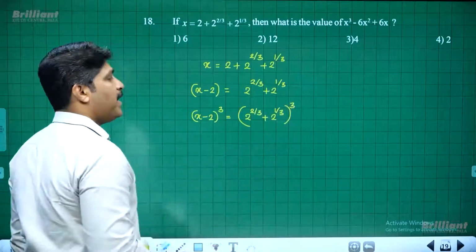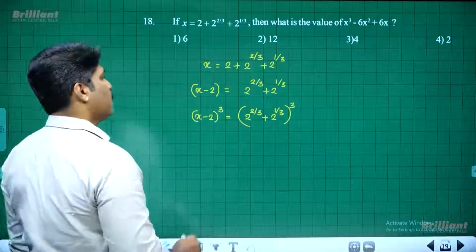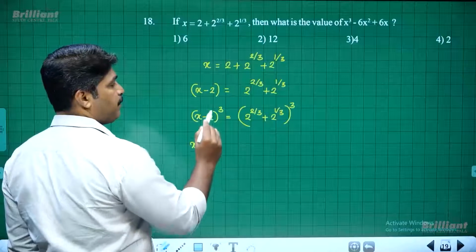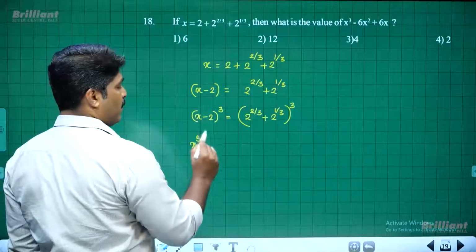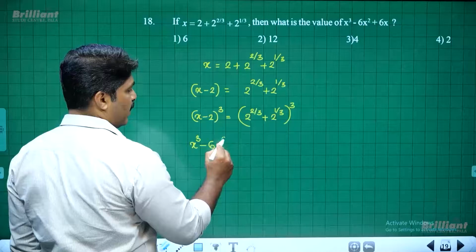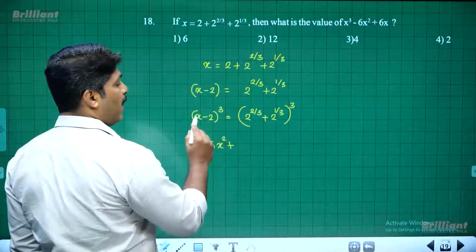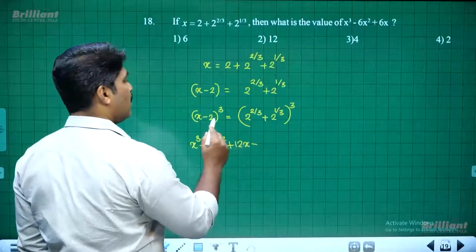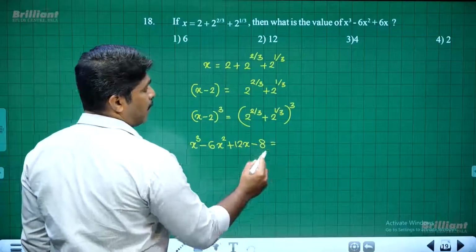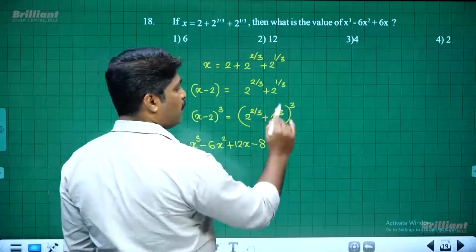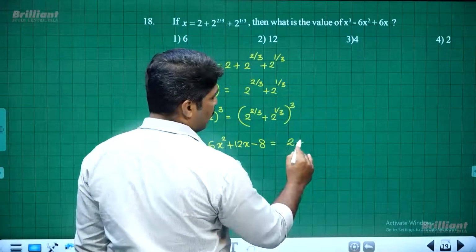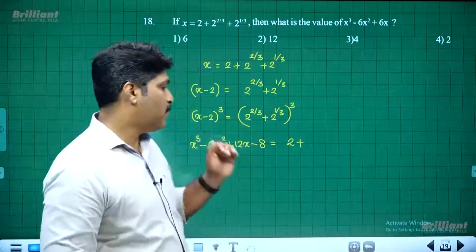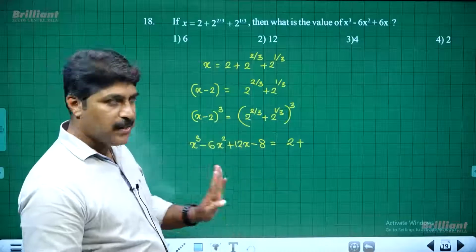As we know, the expansion of cube here, this is x cube minus 3a square b, so that is 6x square, plus 3ab square, so that is 12x, minus b cube. B cube was 8. On right side again, this is a plus b the whole cube, so that is a cube, that is equal to 2 itself.